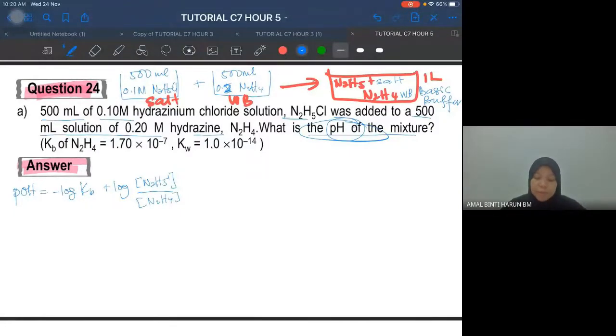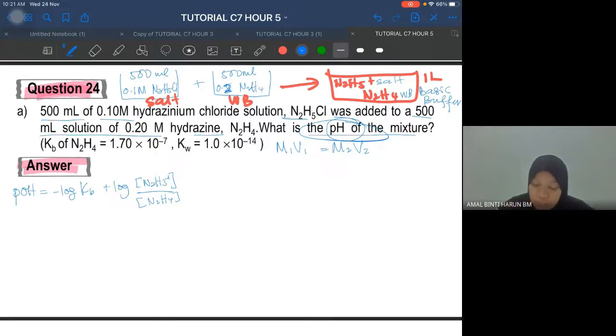Okay, tetapi sekarang our aim is to find the concentration of this salt and the concentration of the weak base. So initially, there are 5 ml 0.1 molar. Ni initial. Tapi sekarang, final dia dah jadi 1 liter. So kita boleh guna M1 V1 equal to M2 V2. M1 V1 is the original before mixing, M2 V2 is after mixing.